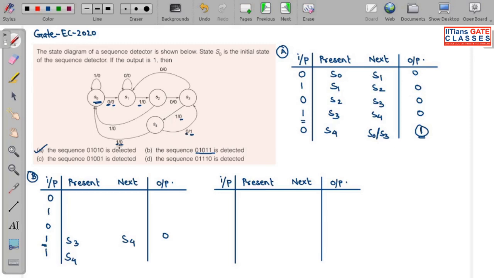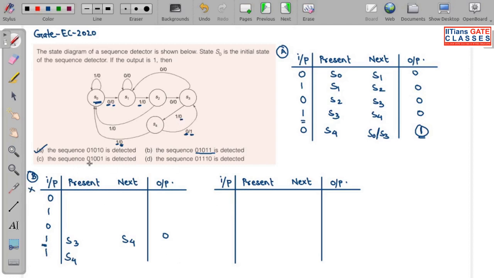This is for 0, this is also for 0. There is no state defined for S4 having input as 1. So, this cannot be the option.